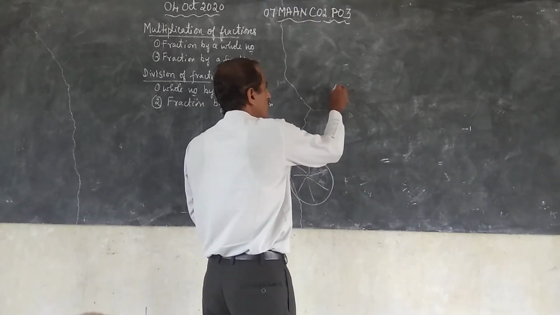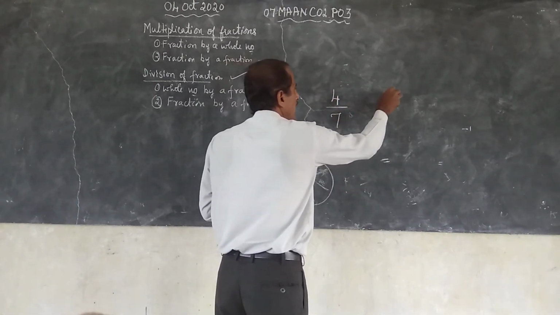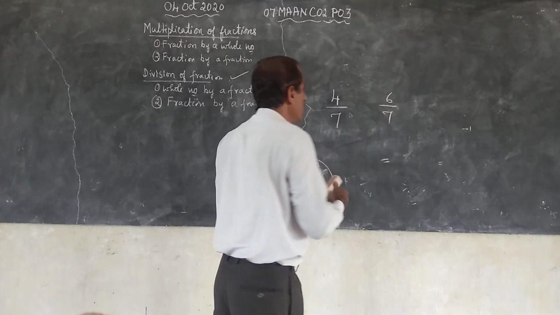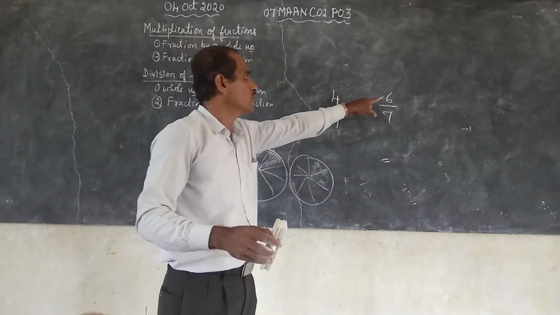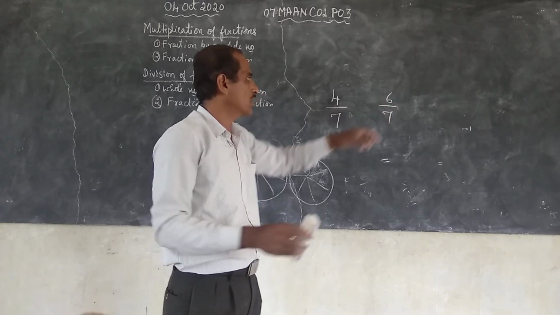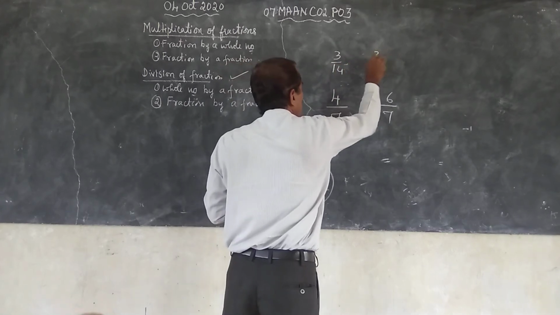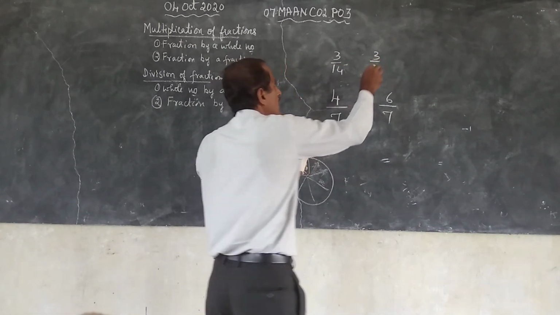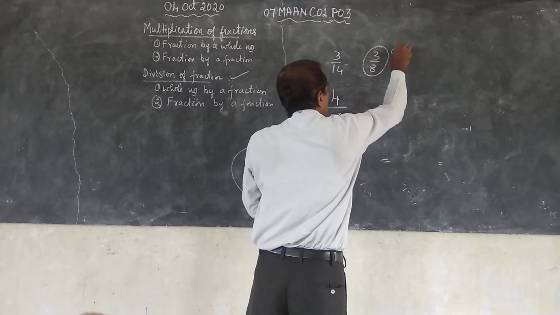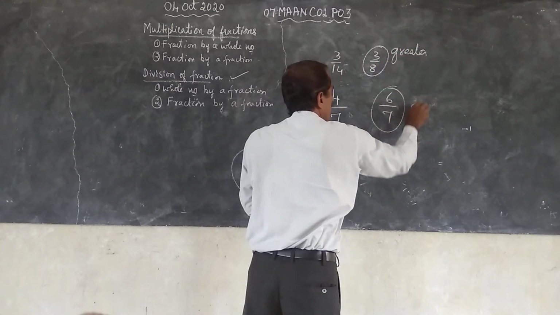For example, 4 by 7 and 6 by 7. Here the denominators are same, and 6 by 7 is greater. Now see 3 by 14 and 3 by 8. Here this is greater and here this is greater.